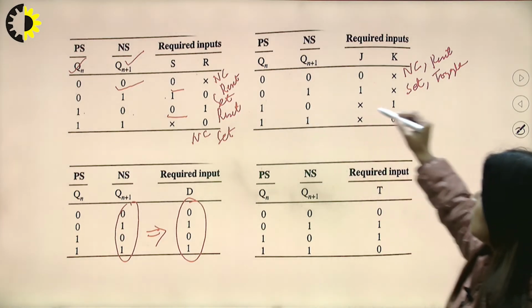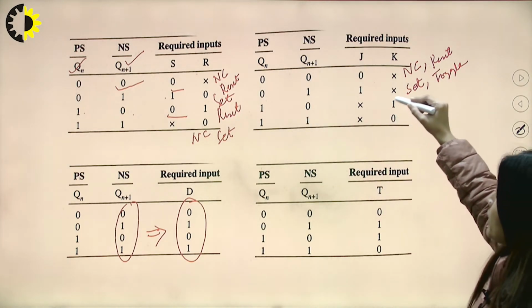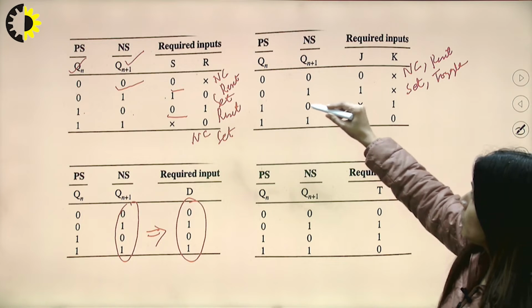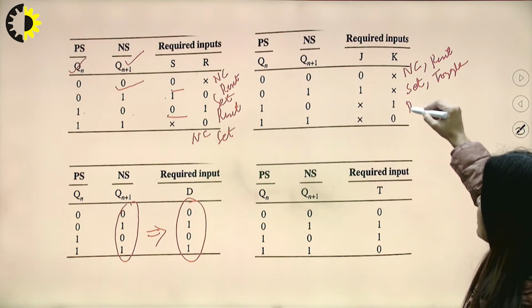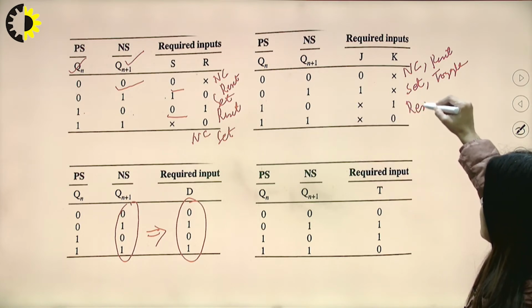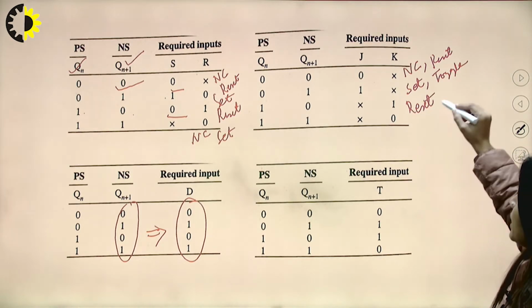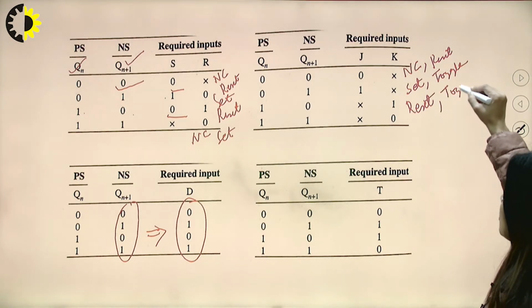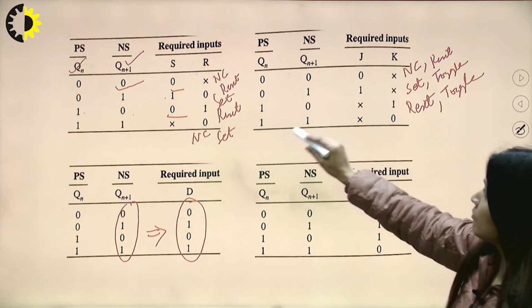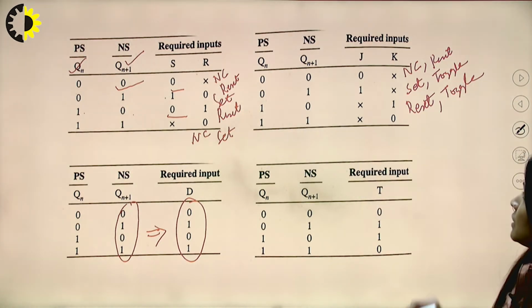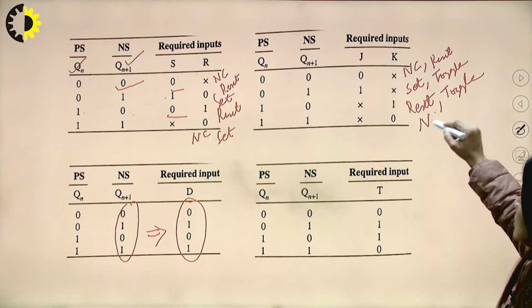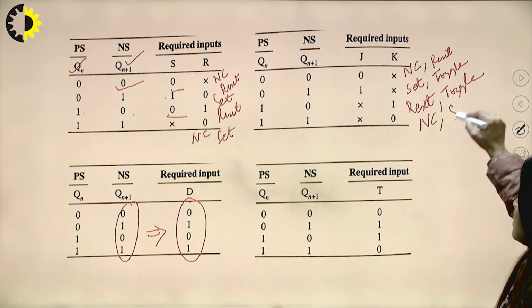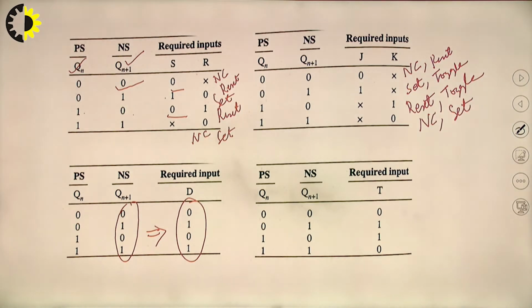For 1 and 0, see here, these are two conditions. If Qn plus 1 is 0, it will be reset and maybe toggle. And here 1, 1, that is no change or set, right?